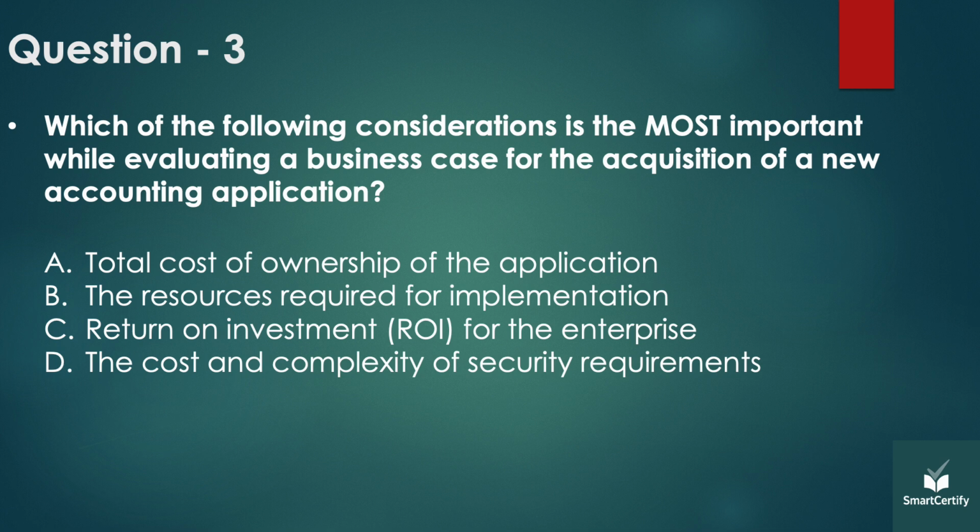Correct answer is C. Return on investment, ROI, for the enterprise. When evaluating a business case for acquiring a new accounting application, the most important consideration is whether the investment will bring measurable value to the organization, and that's where ROI comes in. ROI assesses the financial benefit the enterprise expects to gain compared to the total costs involved, including implementation, training, maintenance, and support.